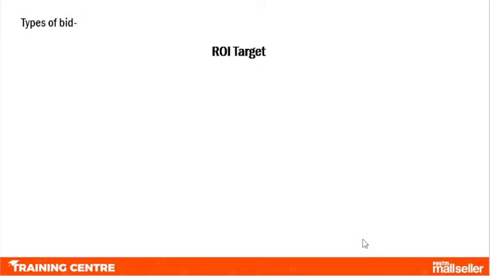Second is ROI. ROI stands for return on investment or return on ad. It is simply the return that you get through sales, or you can say GMV in rupees, by investing in Paytm PLA.